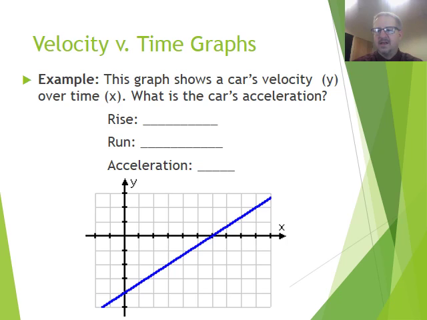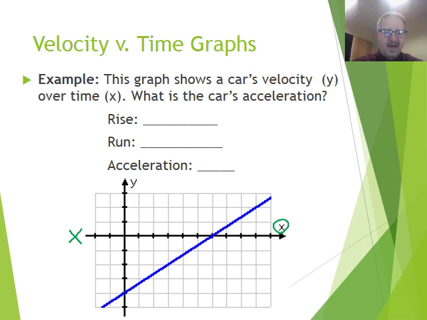Let's see if I can get a nice color here. So let's go with green for x. This is the x-axis. Of course, it's right here too. It's already typed in for us.